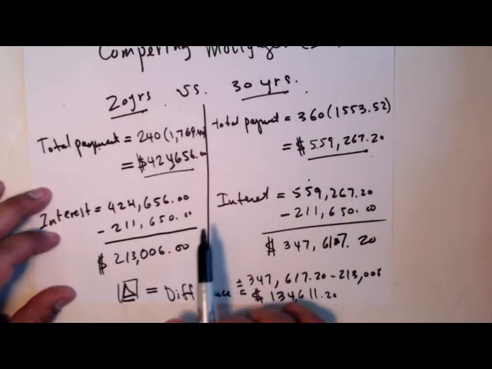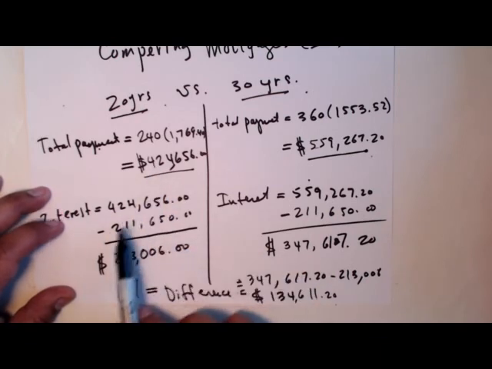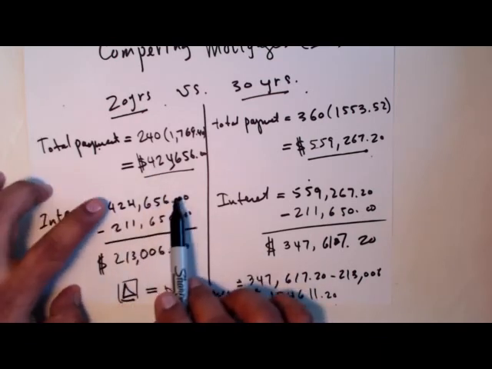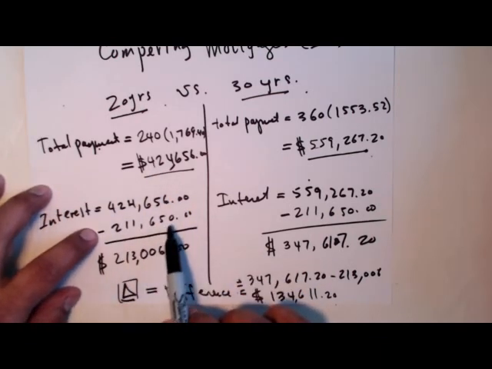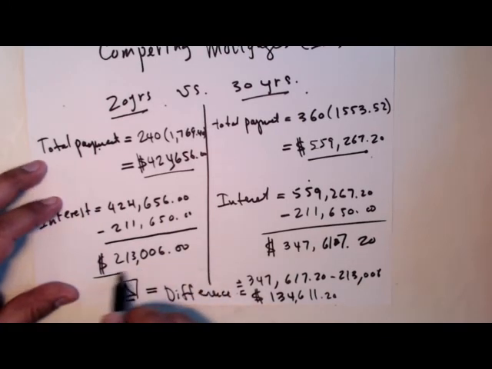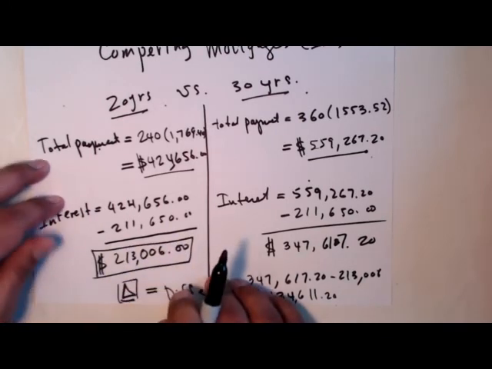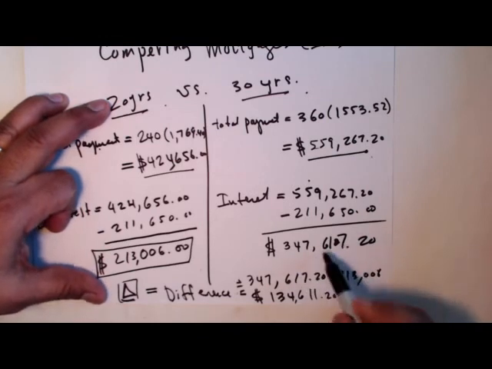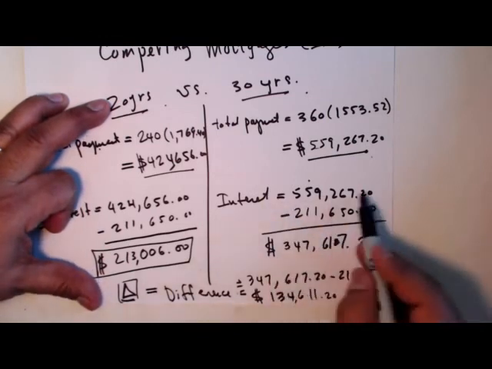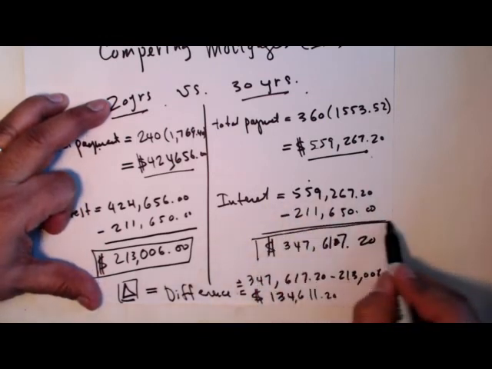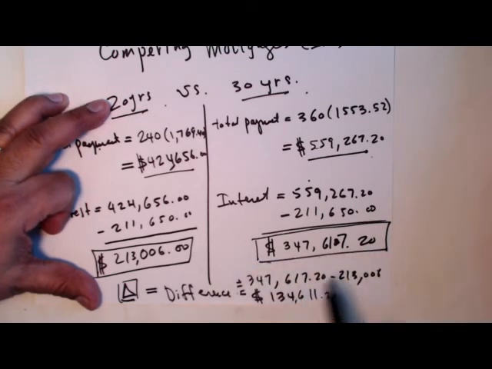And then for the interest, we subtract the total payment minus the mortgage. So this is the interest that a family is paying when they go for 20 years versus when they use 30 years, you get this much that you pay in interest.